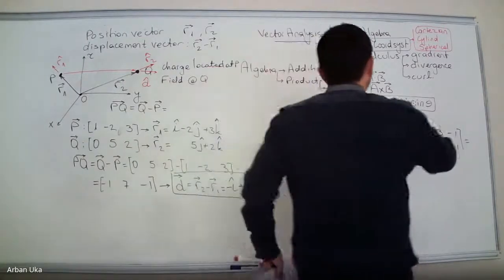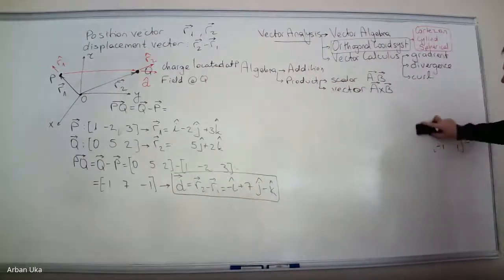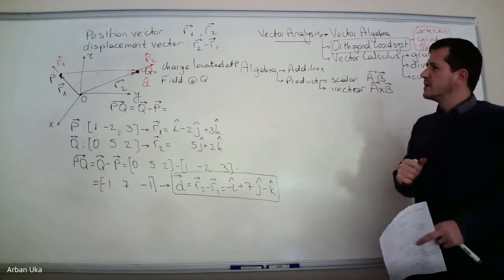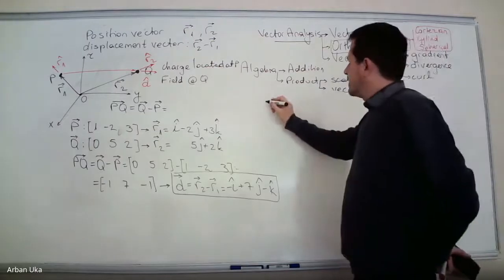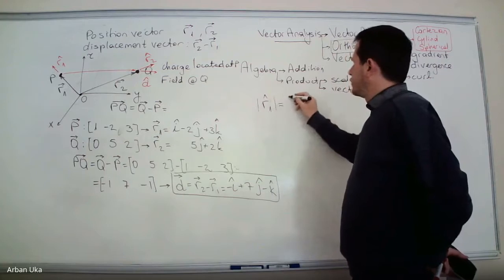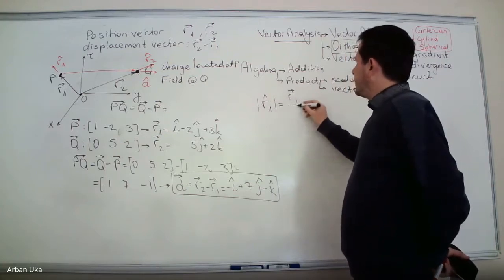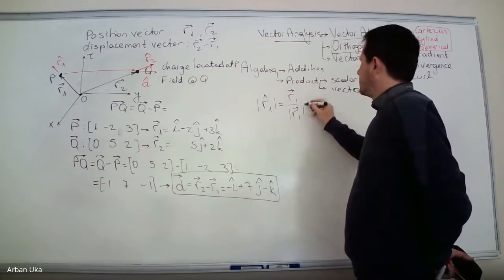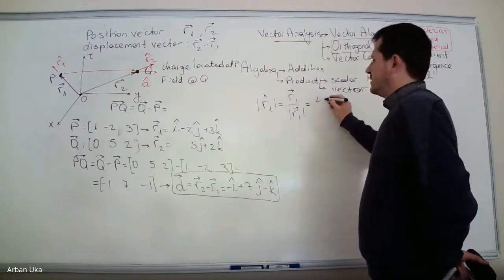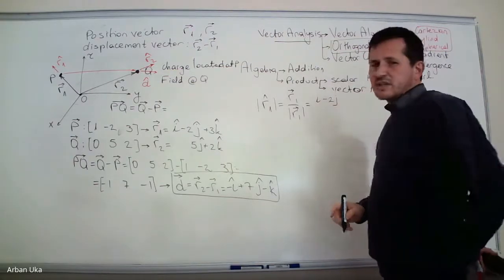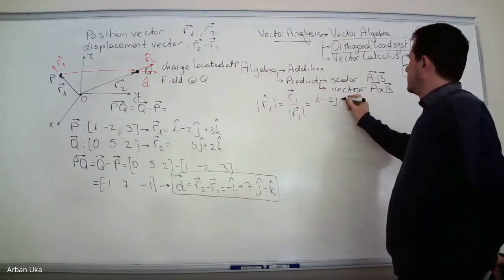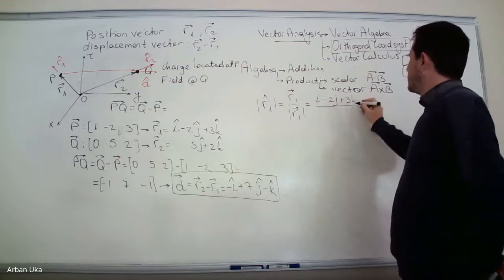So it is important to determine a unit vector along all the relevant distances that are important to us. So in this case, we can denote the unit length R1. This is equal to vector R1 divided by the magnitude of R1. And this R1 is equal to i minus 2j plus 3k. Can someone calculate what is the magnitude of R1?